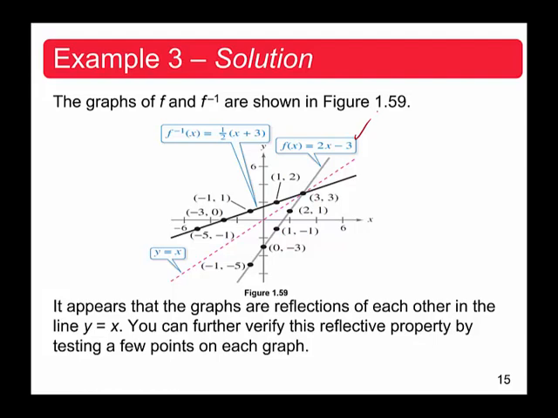If you look at all these ordered pairs right here, like (-5, -1), you can find (-1, -5) as the corresponding ordered pair in the other one. Just switch x and y, and you get a coordinate for the inverse function. And they form a mirror image based on the identity function y equals x.